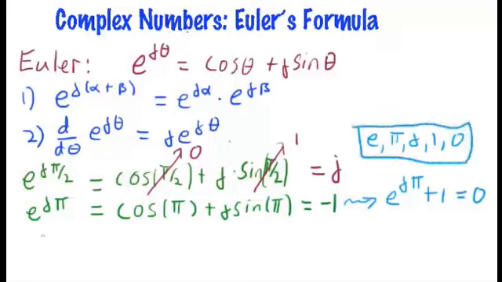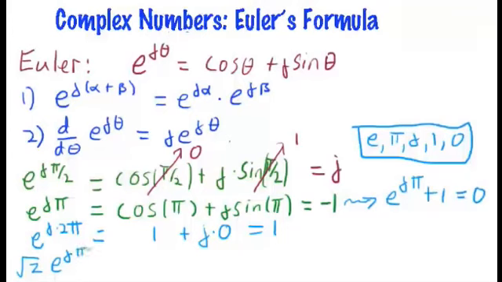All right, let's compute two more of these exponentials. e to the j times 2 pi equals, I won't write down cosine and sine, I'll just do the substitution. Cosine of 2 pi is 1 plus j times sine of 2 pi, which is 0. So we get 1. Let's do one last one, which is a little more complex. We'll do root 2 times e to the j pi over 4.